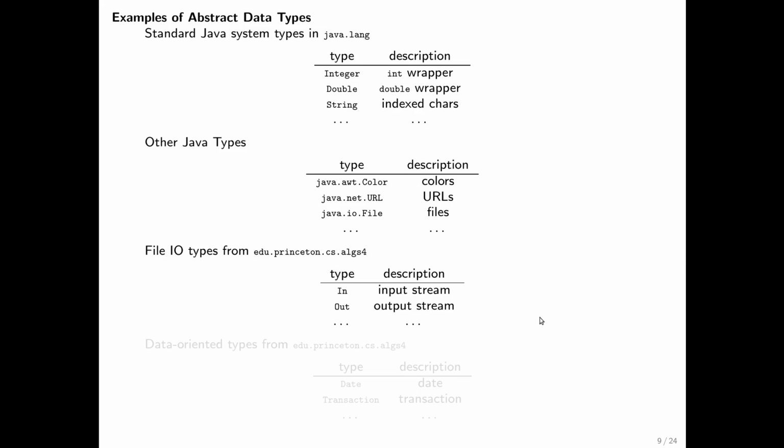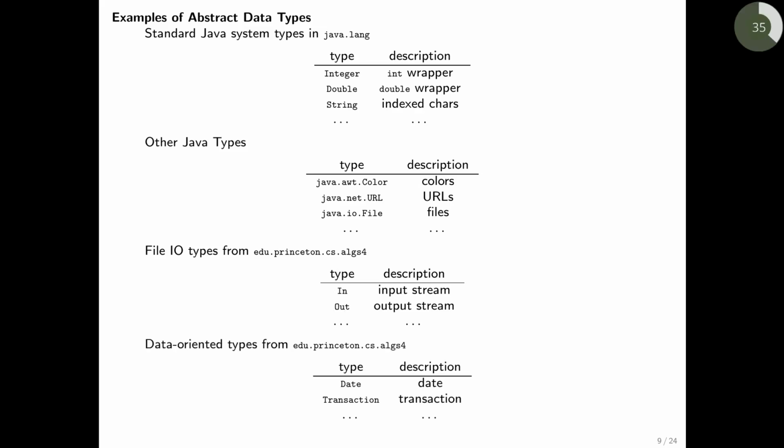So StdOut and StdIn are libraries of static methods, whereas In and Out are ADTs. More types inside of this package: you have something called Date to represent a calendar day. You have something called Transaction that represents a transaction, and we'll talk about this type later on. So these are again examples of abstract data types from this package from the authors of our text.